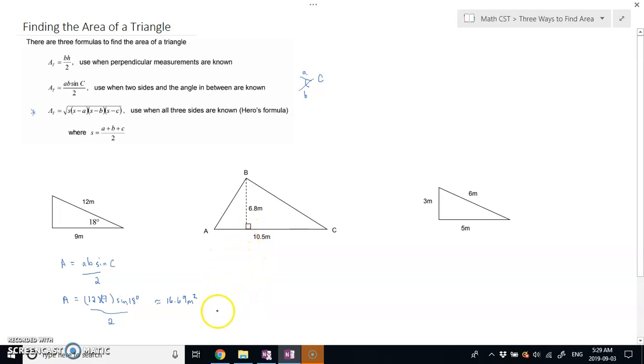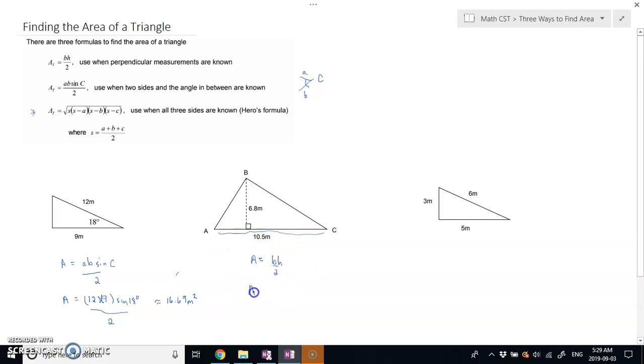For the second triangle that we're seeing here, I notice that we do have an altitude given. So for most of us, that would really indicate that we're going to use the first formula, one that we're really familiar with from grade 9, which is base times height divided by 2. Now, the base has to be the entire base of the triangle, so this 10.5 is the entire base of the triangle.